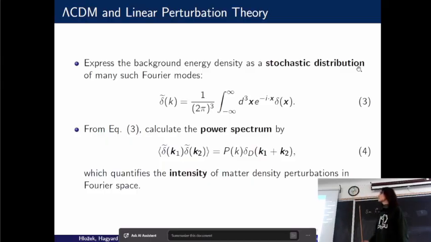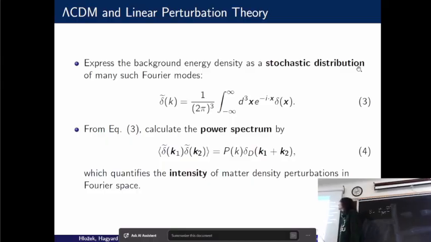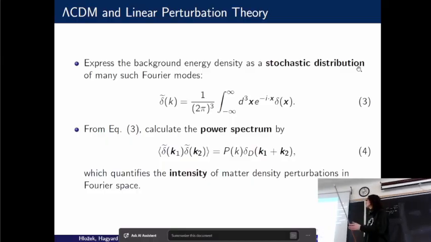Essentially, the most convenient way of doing that is by taking the Fourier transform and expressing it in Fourier space. This gives you what's called a power spectrum, which is the most convenient way of expressing the intensity of these matter density perturbations in Fourier space.